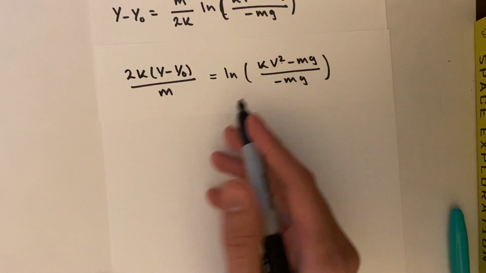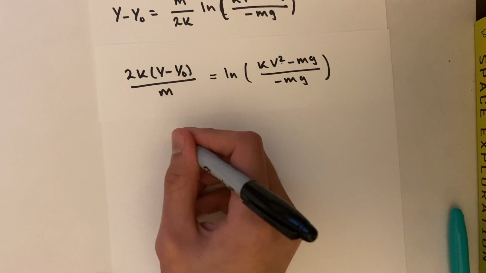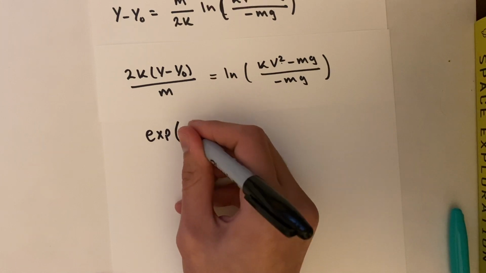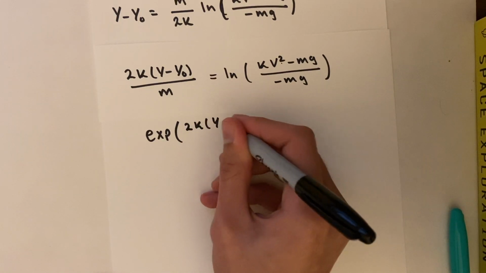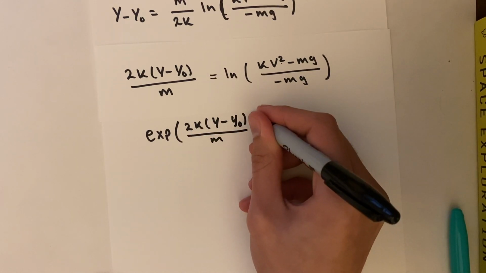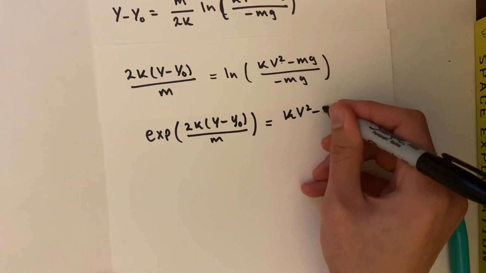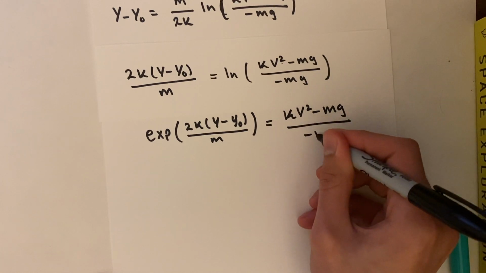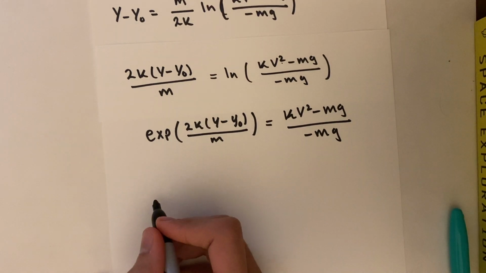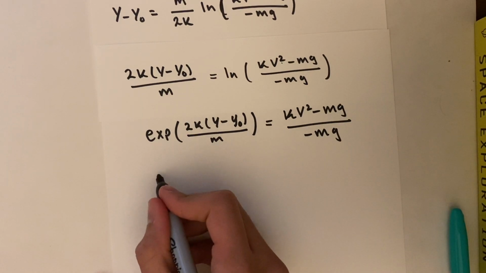Now we need to cancel out the natural log, so we're going to multiply by an exponential on both sides, and we get the exponential of 2k(y minus y sub naught) divided by m. And we're going to have to multiply by negative mg and add an mg to the other side.